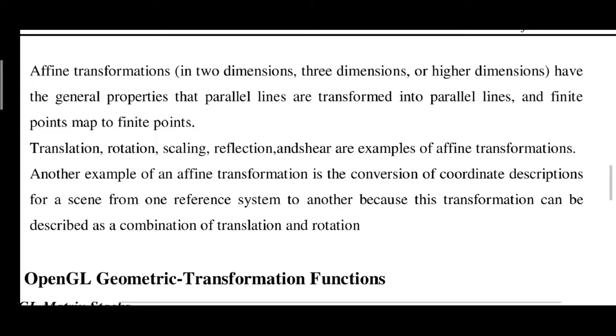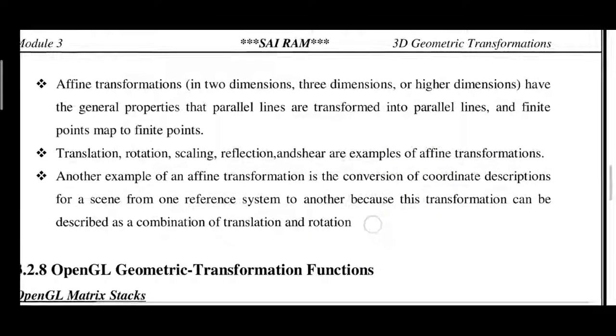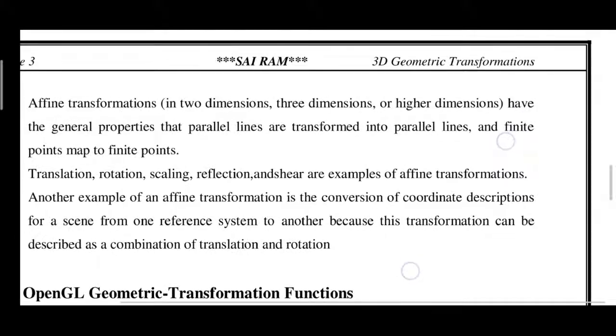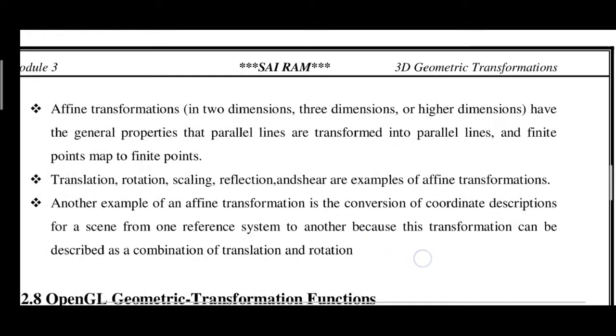It is a sequence of operations, like a sequence of translation and rotation, or translation associated with scaling, or it may be of the same kind, like a set of translations one after the other, or a set of rotations one after the other. In general we call it the composite transformation. So that is what is mentioned here.